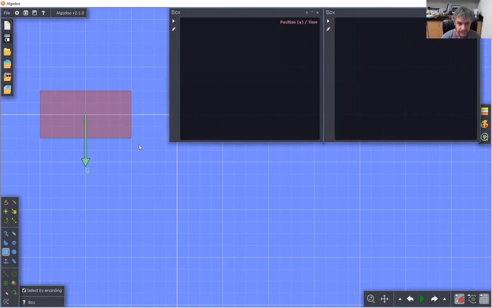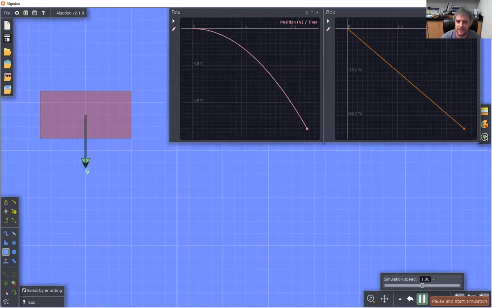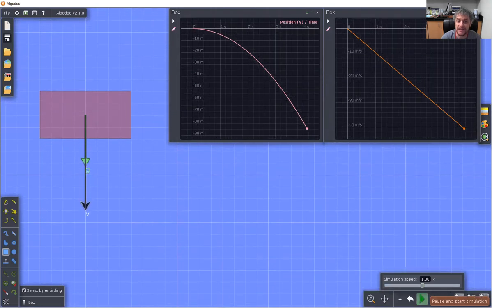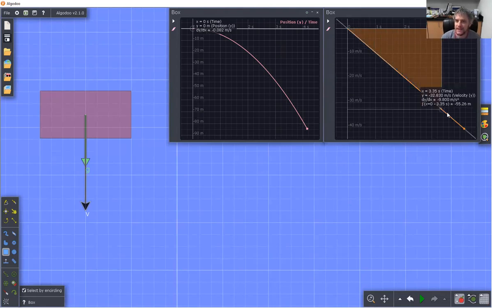Okay, so let's look at the velocity graph. When I hit play, the object is going to start falling, and I get my position versus time graph. Since we are accelerating uniformly, we have a parabola for our position time graph. It's only half a parabola at this point because we just started with downward motion. My velocity graph is going to be a straight line with a negative slope.